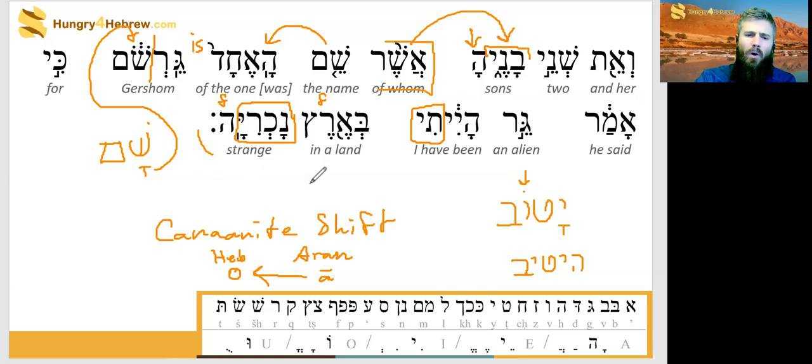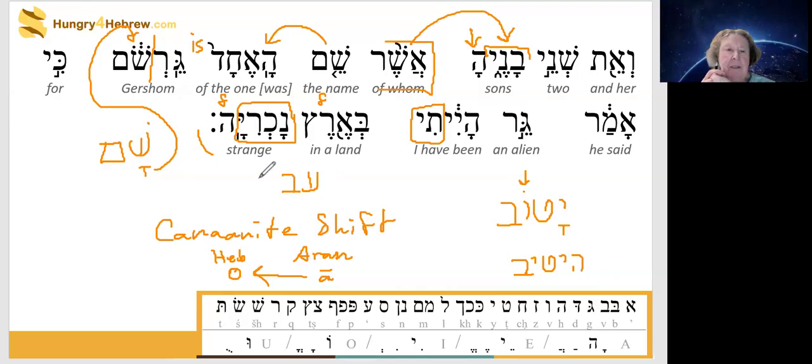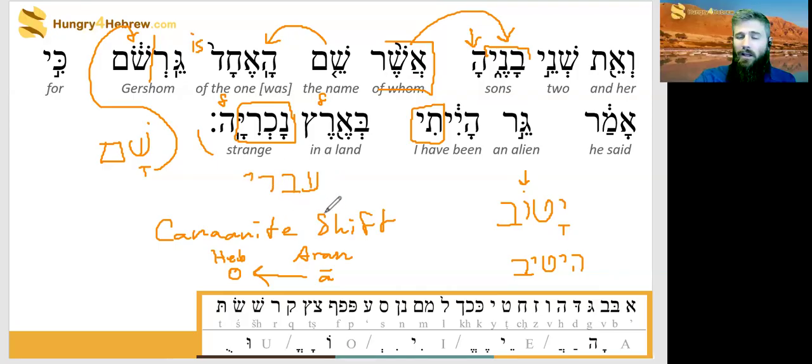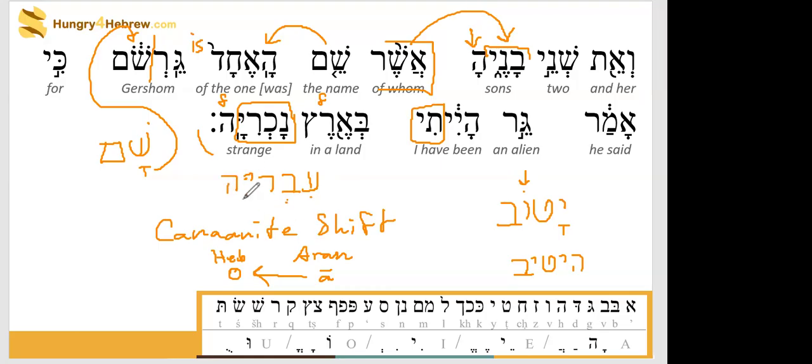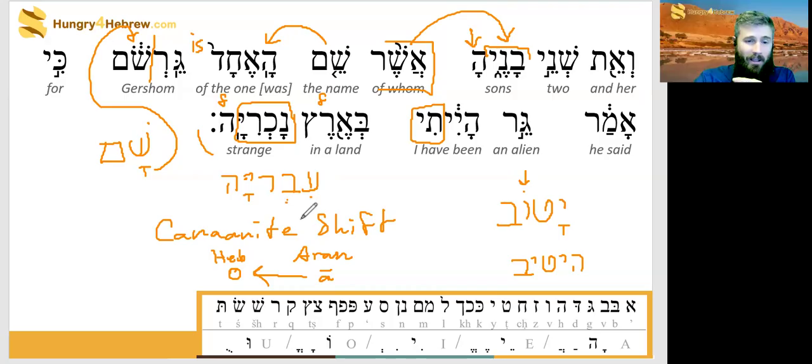How do you call a Hebrew person in Hebrew? Ivri, Ivri. Very good. How do you call a Hebrew woman in Hebrew? Ivrim. Ivrit. Ivriya oder Ivrit? Ivriya. Ivrit is the language. Ivriya is the woman.